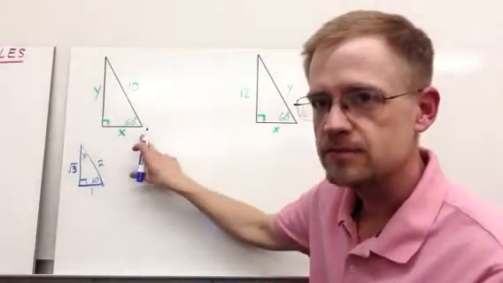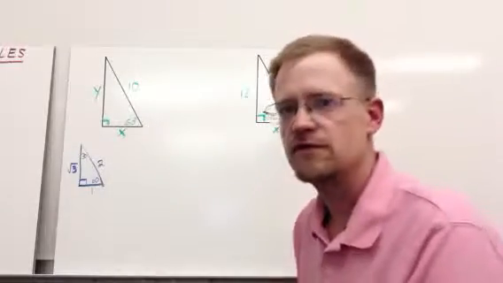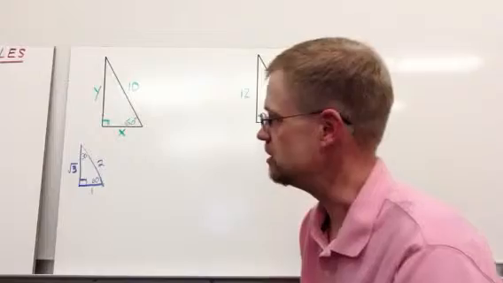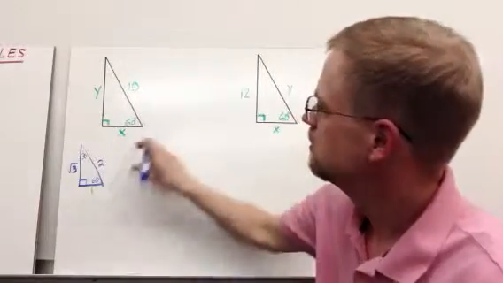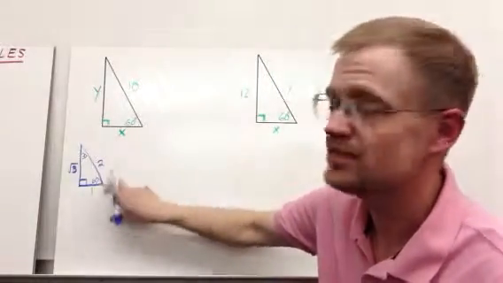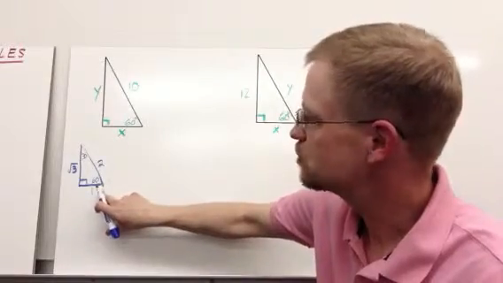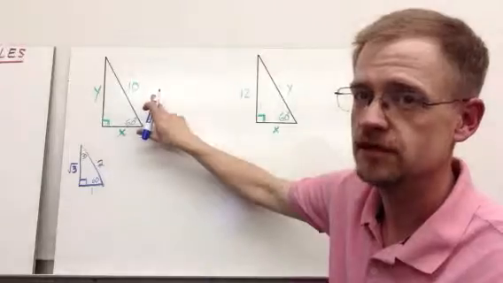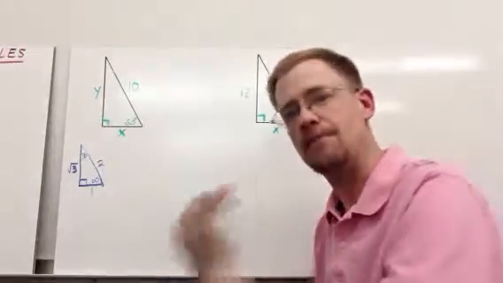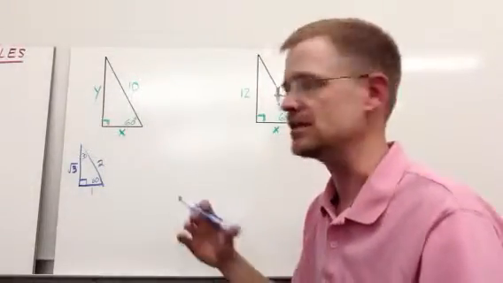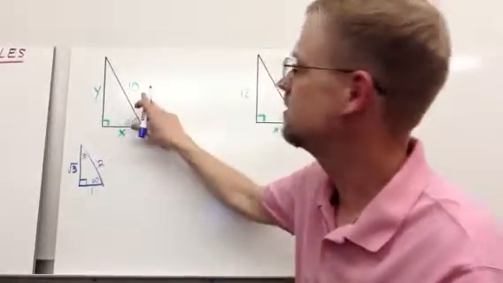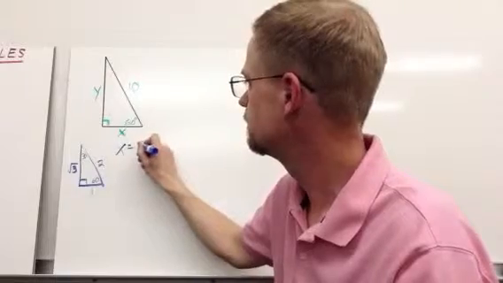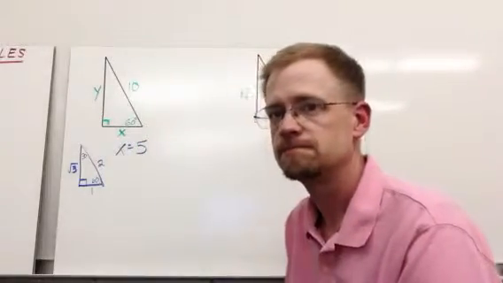Usually in these type of problems, if you're not given it, the easiest one to find first is the shortest length. Okay, the shortest length is going to be opposite the 30-degree angle. So, remember from our model triangle, thinking intuitively first, the shortest length times 2 is going to give us the hypotenuse. Working backwards, the hypotenuse divided by 2 is going to give us the shortest length. So 10 divided by 2 tells us that x is equal to 5.